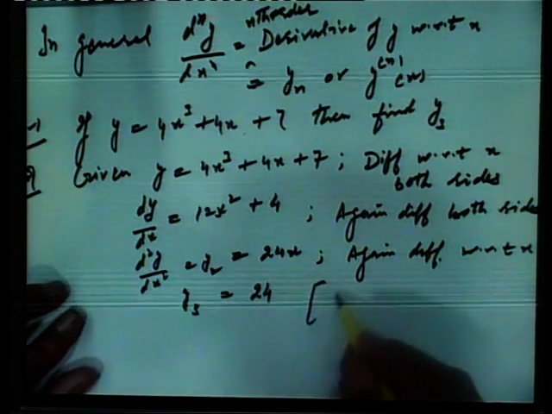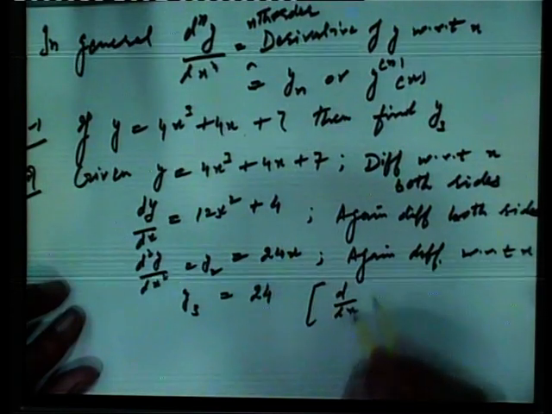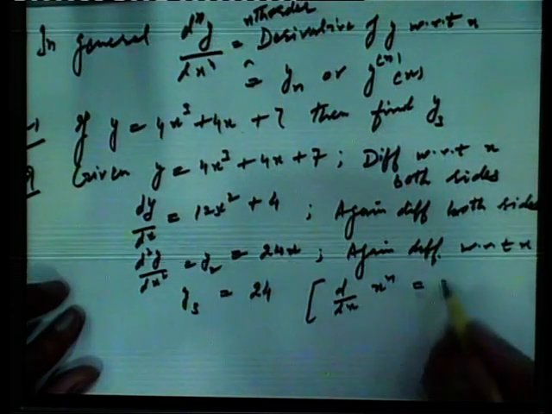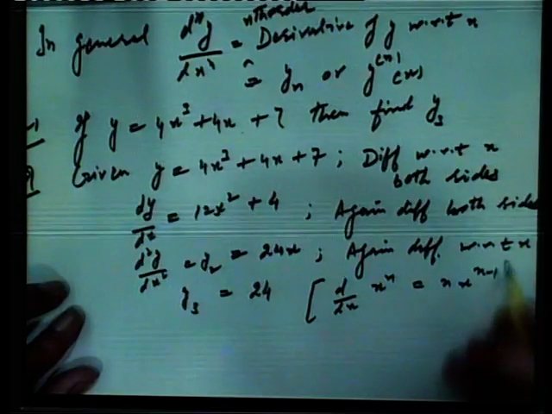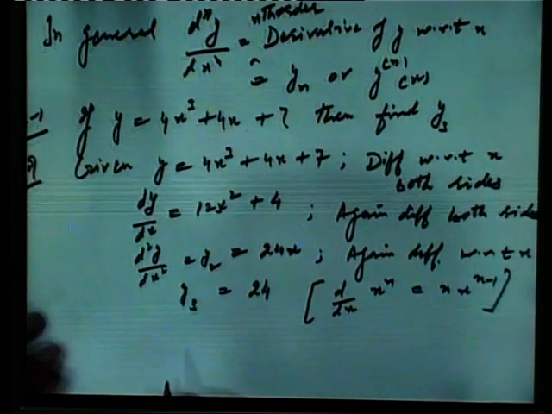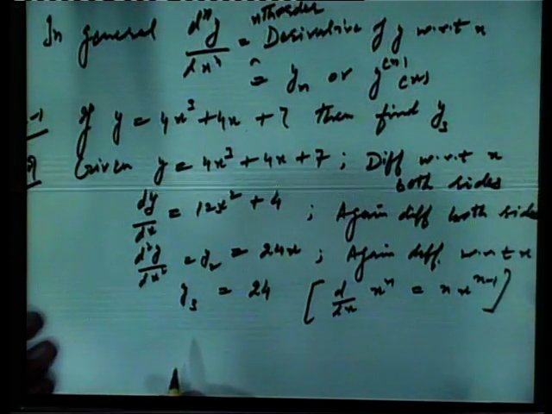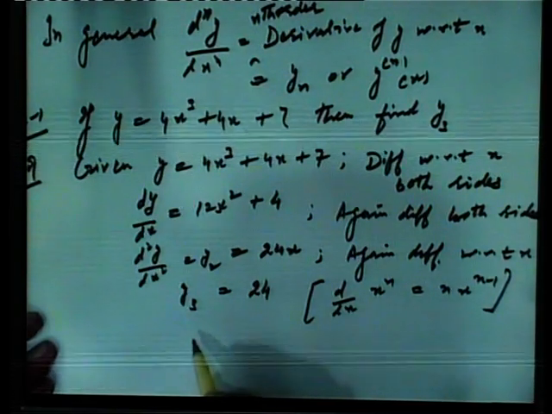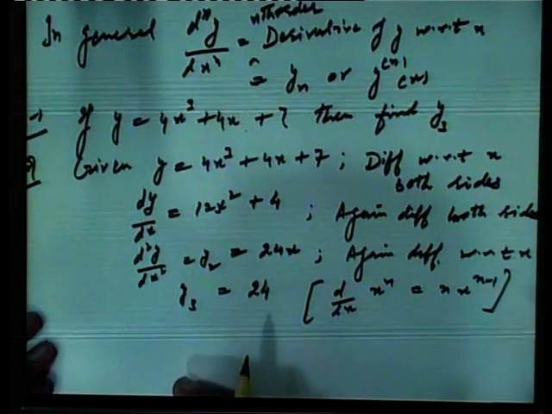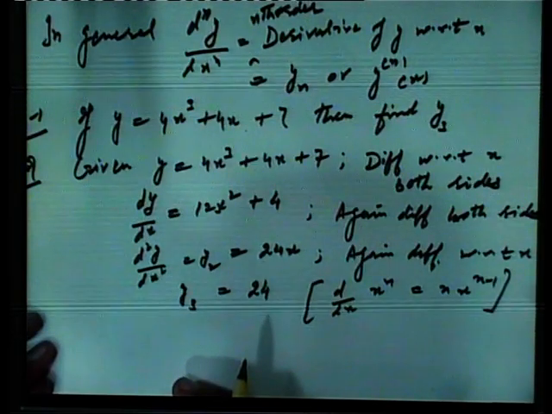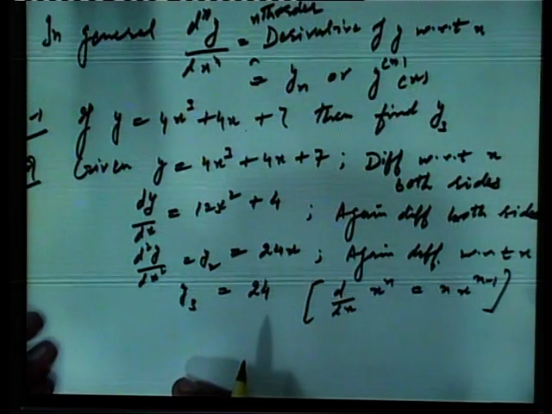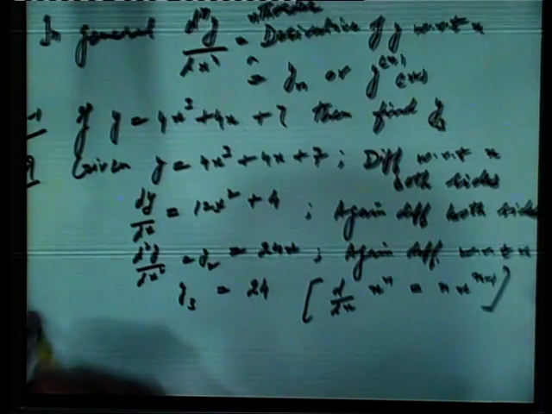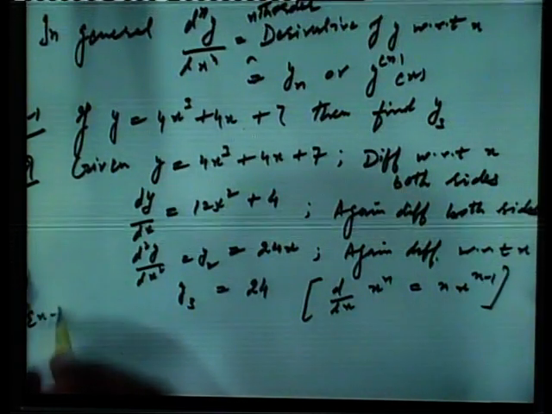So, here we use the formula d dx of x raised to power n is equal to n x n minus 1. So, in this way you can find out the third order derivative, or if you want to find out the fourth order derivative, then differentiate y3 again, you get y4; the differentiation of 24 is equal to 0.